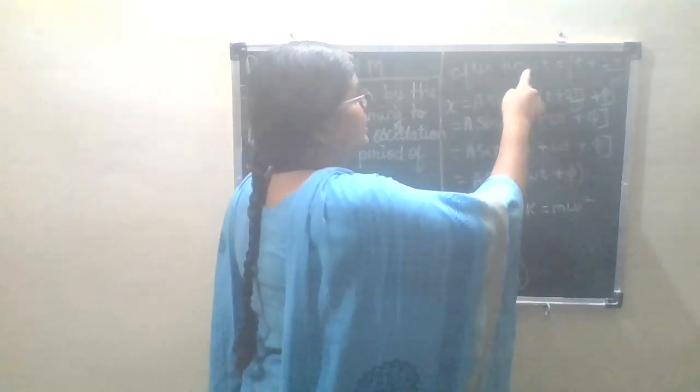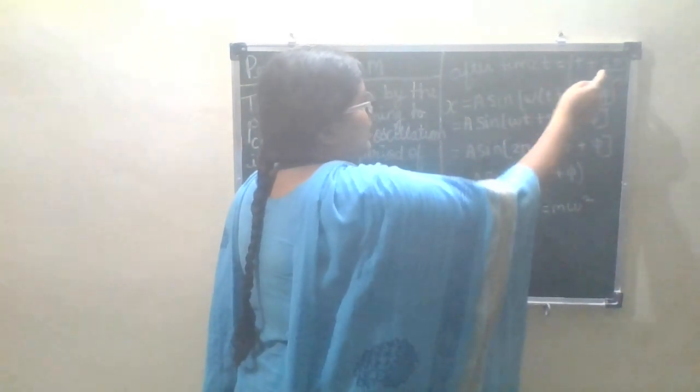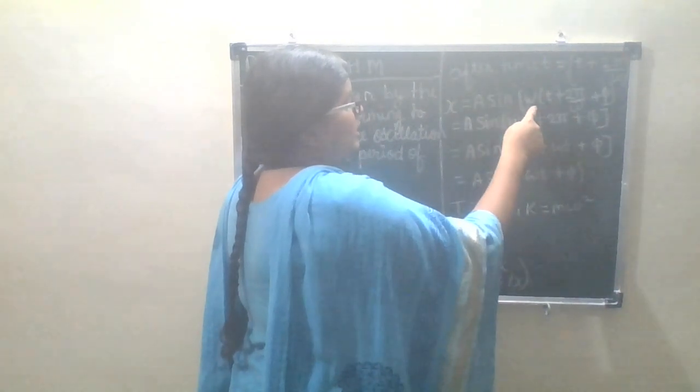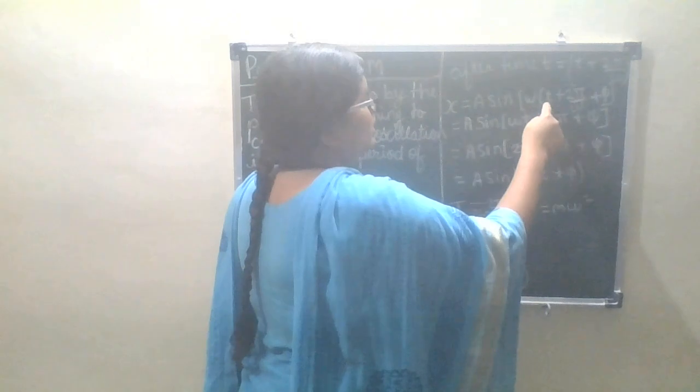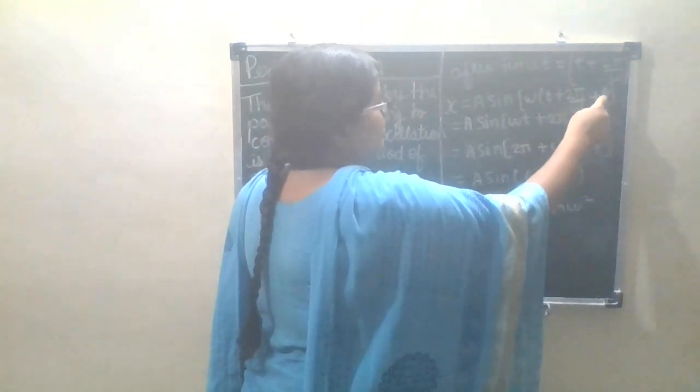Now after time t, t becomes t plus 2 pi upon omega. Then x is equal to a sine omega t plus 2 pi upon omega, plus phi.